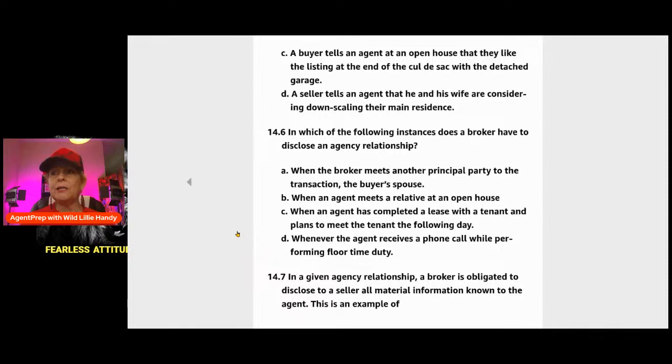C, when an agent has completed a lease with a tenant and plans to meet the tenant the following day. Or D, whenever the agent receives a phone call while performing floor time duty. This is the one Lisbeth already had an answer for. Let's type your answer in the chat.